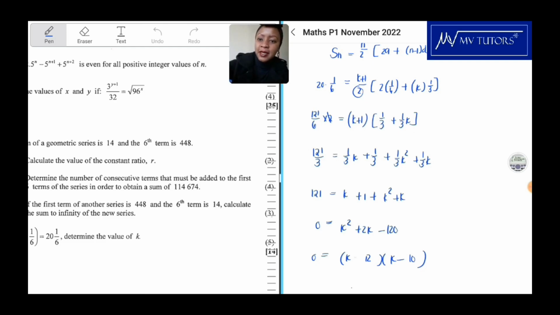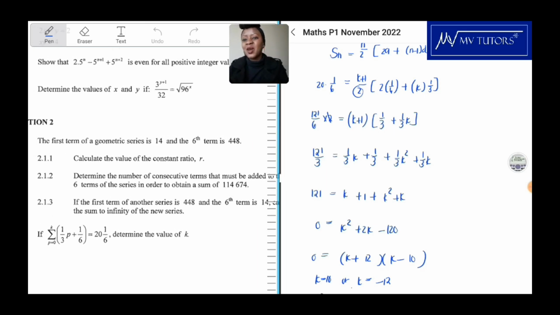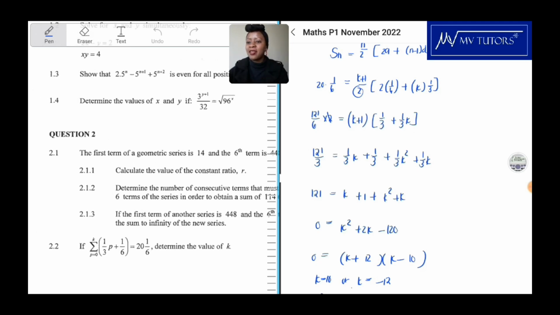Negative 10 plus 12. So k is equal to 10, or k is equal to negative 12. It cannot be negative 12 because k has to be a whole number that is positive. And therefore we have solved for k, which is 10. And that is the end of question 2, I think.